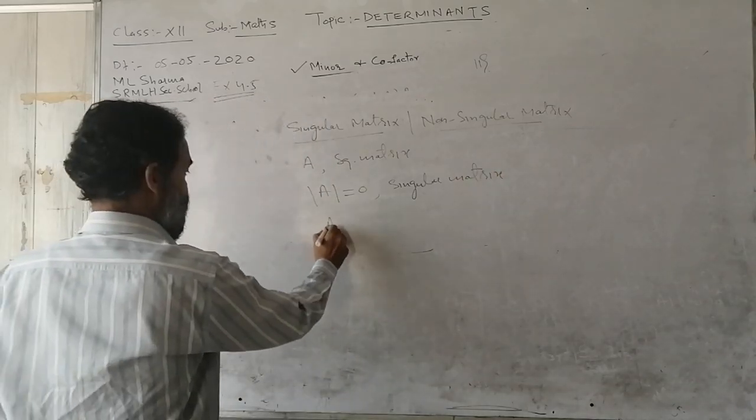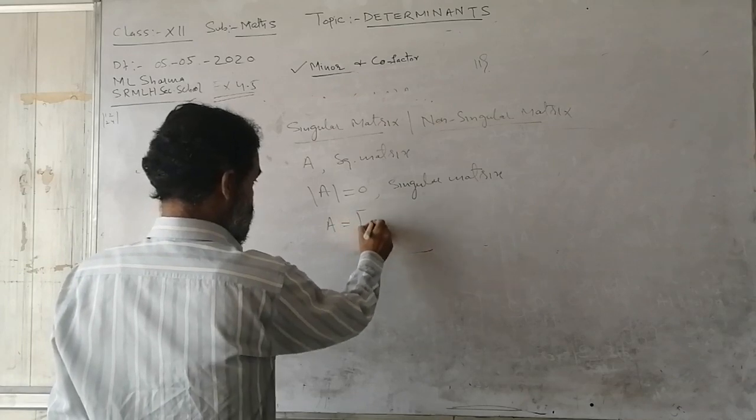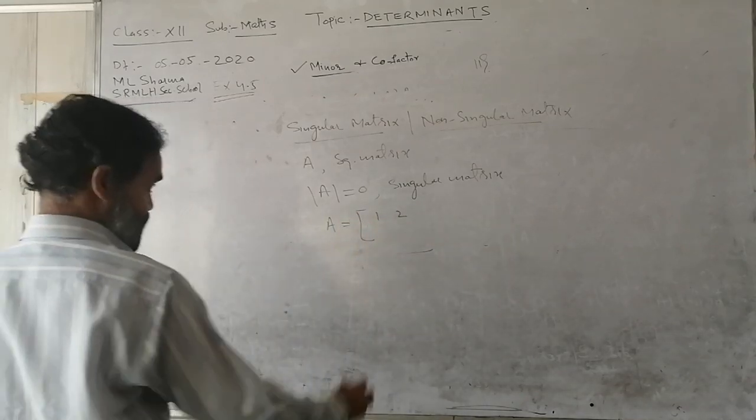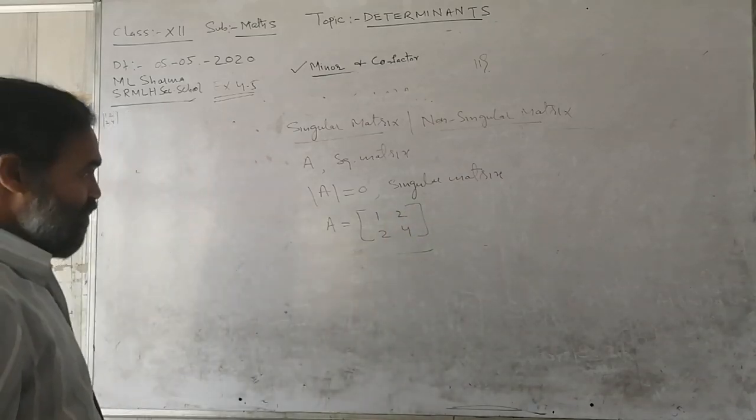So if I take A as 1, 2, 2, 4, it is a 2 by 2 matrix, 2 rows and 2 columns.